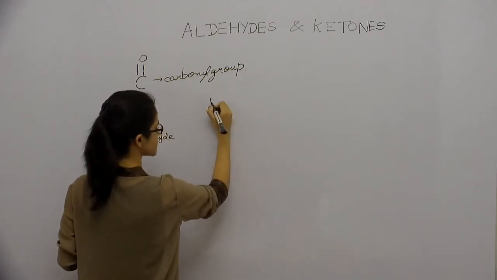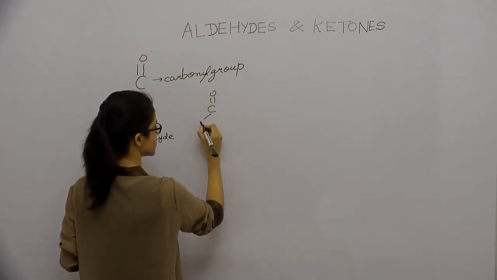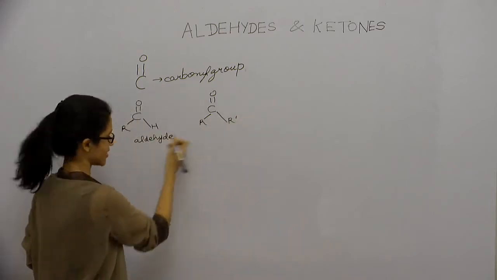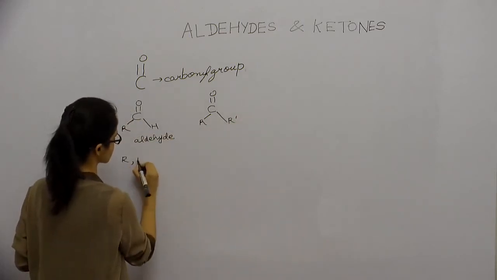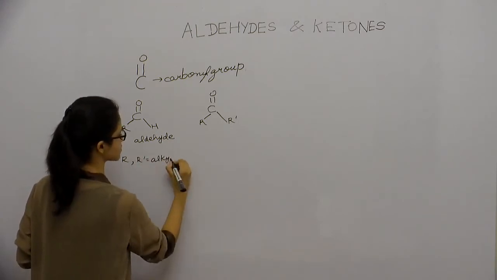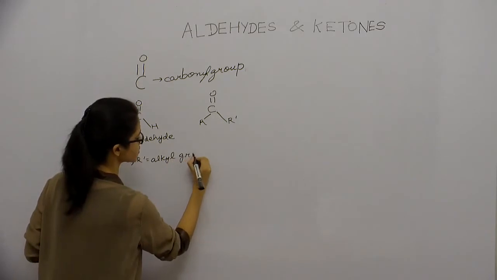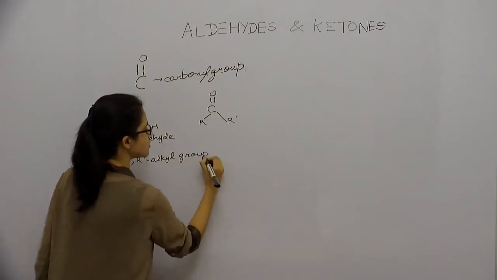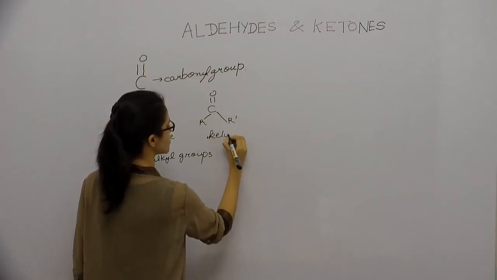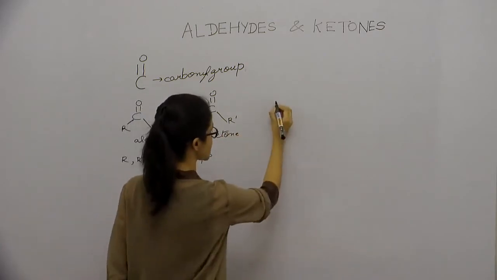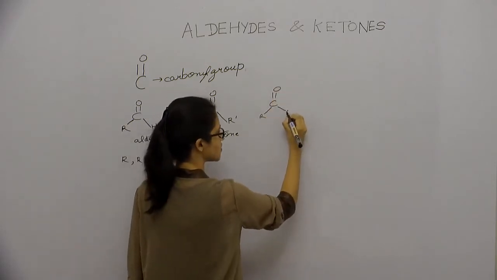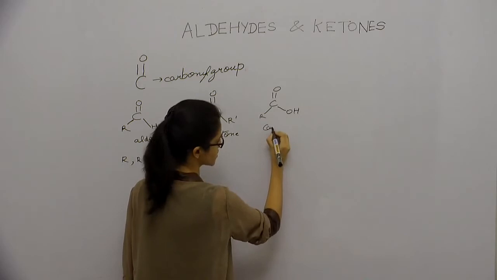When we have C double bond O, R, R dash, where R and R dash are alkyl groups, this is a ketone. When we have C double bond O, R, OH, this is carboxylic acid.